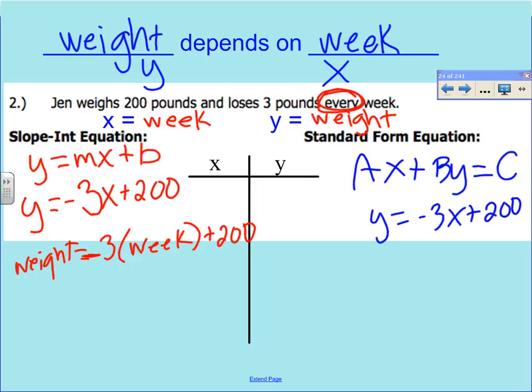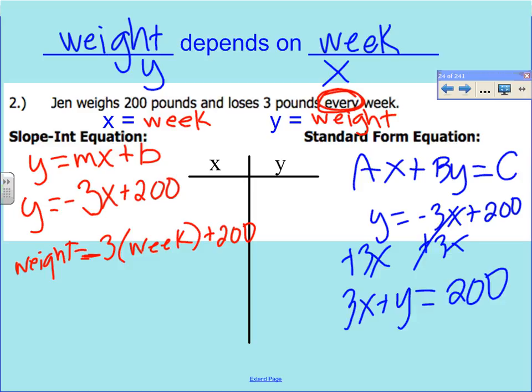Add what x? What kind of x, though? Good. Add 3x to both sides. So we have 3x plus y equals 200. Do we have to change anything? Do we have to fix anything? Nope. The 3 is positive, and a and b are not decimals and not fractions. So that's it. So there was our standard form.